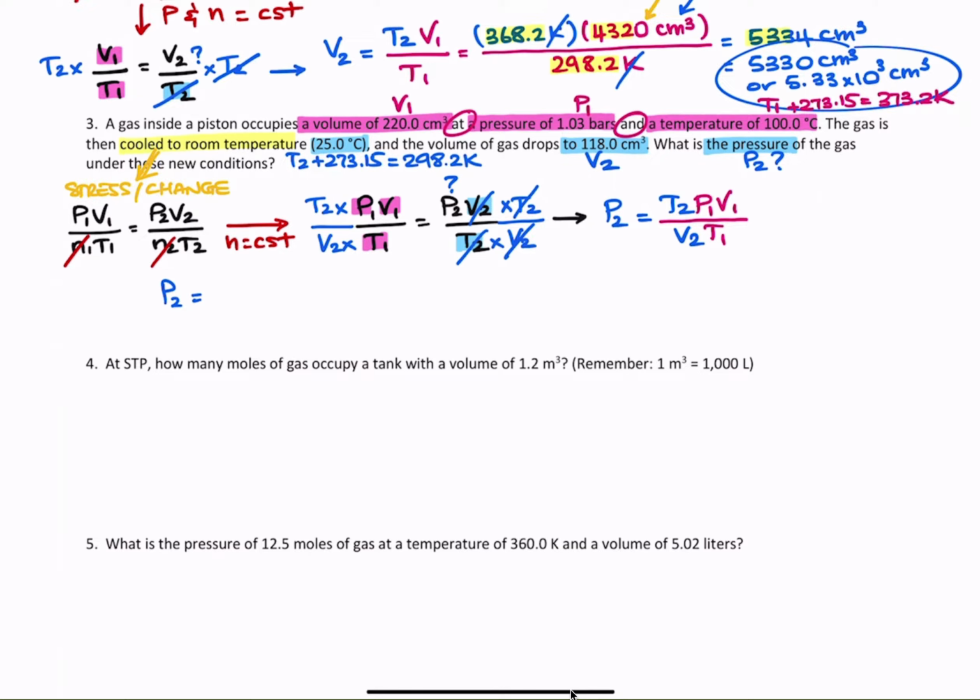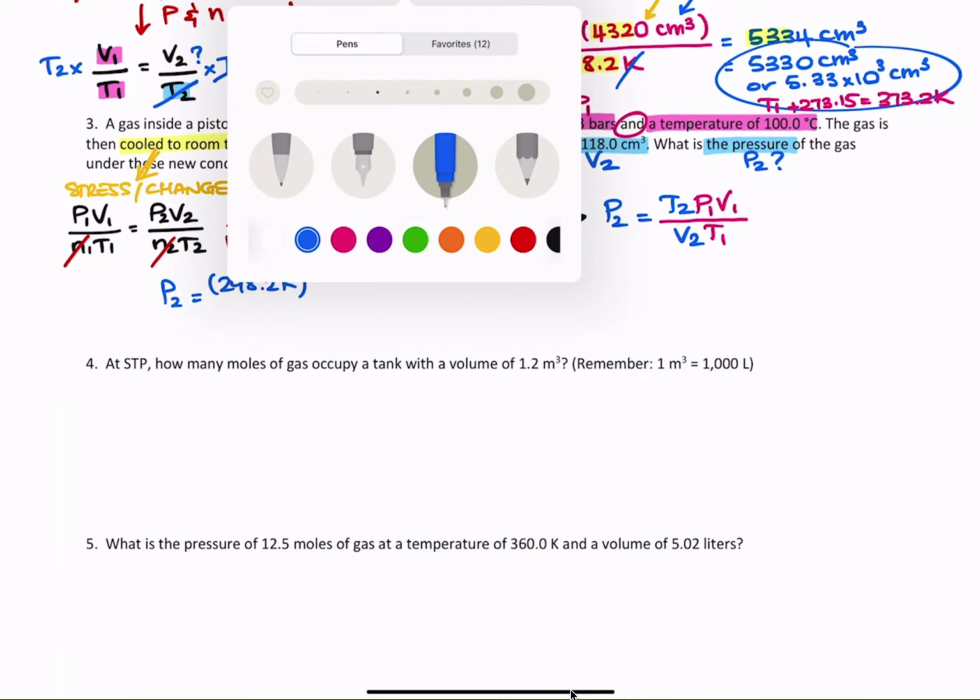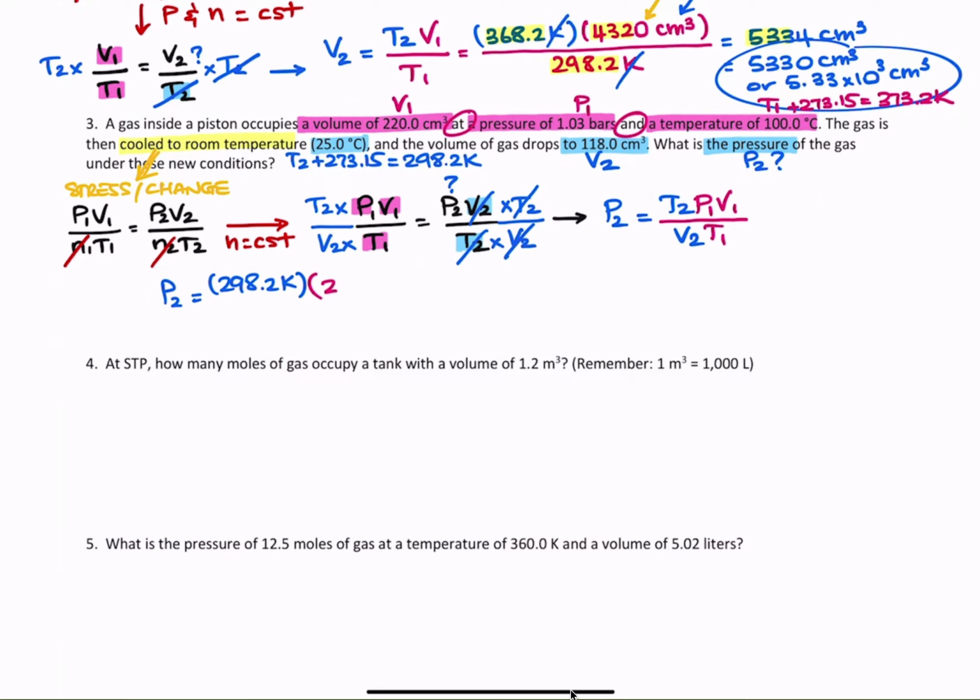Plug in the data. P2 equal T2, 298.2 Kelvin, P1... Oh no, sorry, that's V1, and I was looking for P1, 1.03 bars.